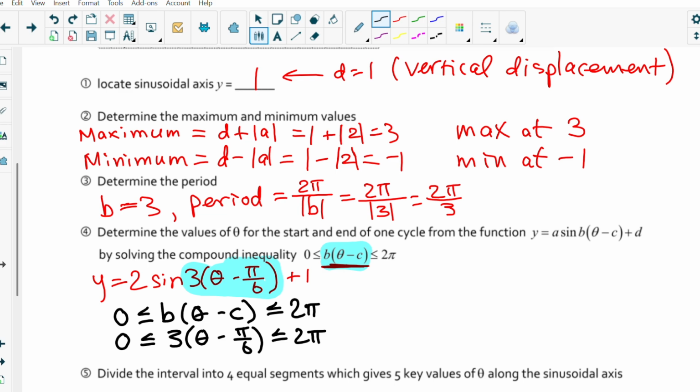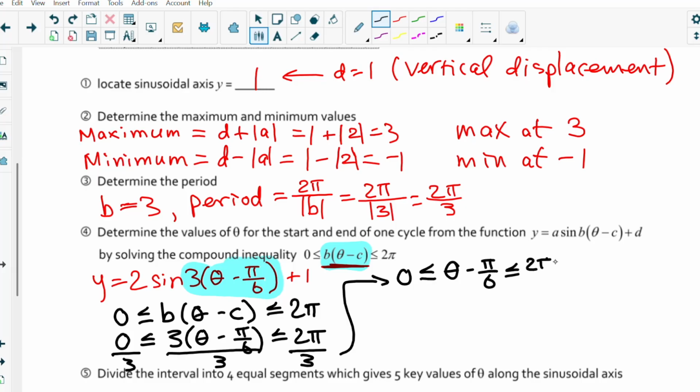So let's solve it. I'm going to divide all sides by 3. So I get 0 is less than or equal to theta minus pi over 6 is less than or equal to 2 pi over 3. Well, there's our period right there. That's what we expected.